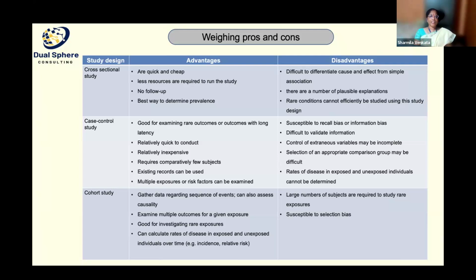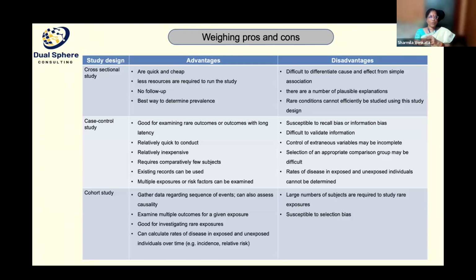If it comes to disadvantages, recall bias is common. Patients may misremember exposures from years ago. Information may be difficult to validate, especially when relying on old records. Extraneous variables may not be fully controlled. Choosing the right control group is often tricky.